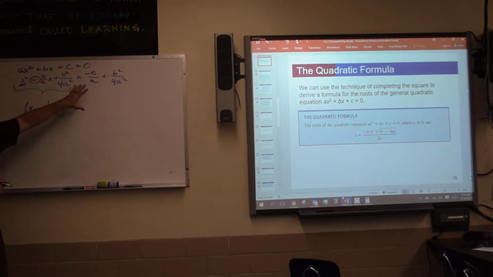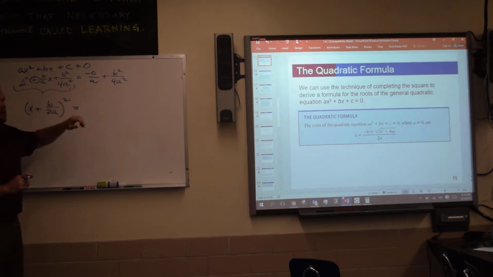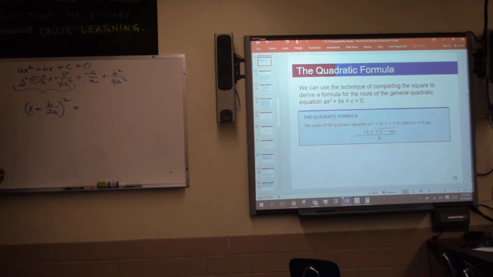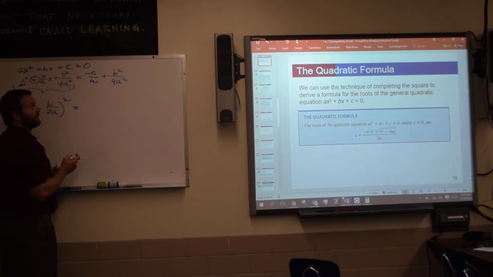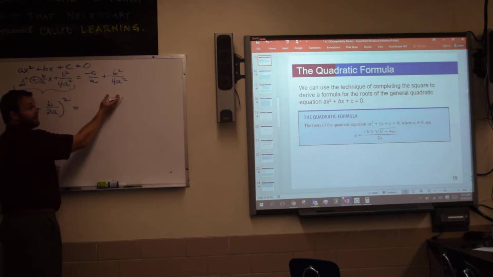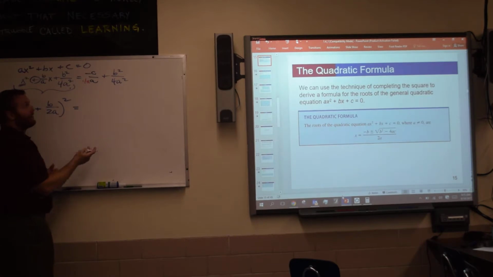Okay. I'm going to do a little bit of algebra here. I'm going to combine those, because I have two fractions, right? Let's make it one fraction. What's my common denominator I'm going to need to make that one fraction? Say again? 4a squared, right? They have to be the same denominator, correct? So multiply this by 4a, and that will give me 4a squared there, right? Come up here and multiply that by 4a, correct?